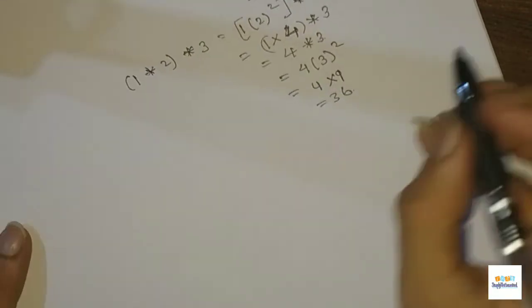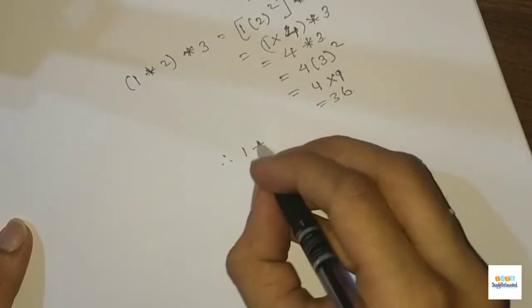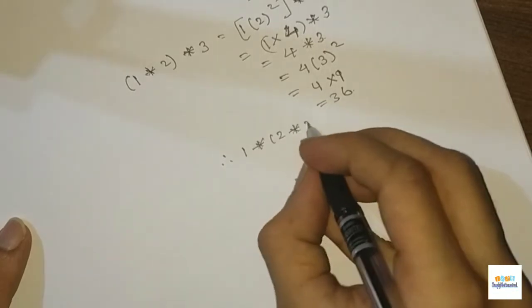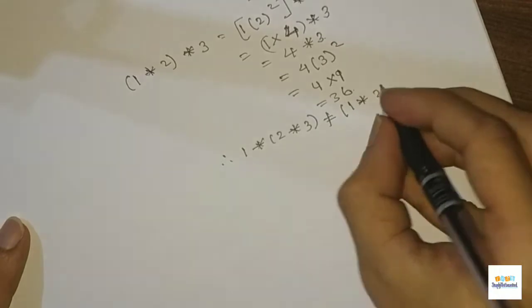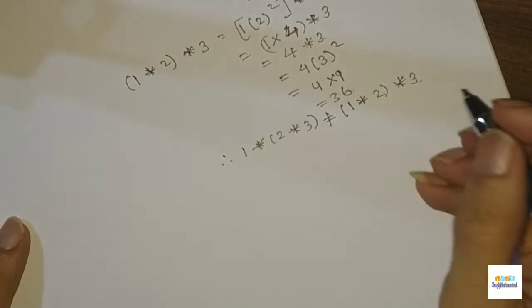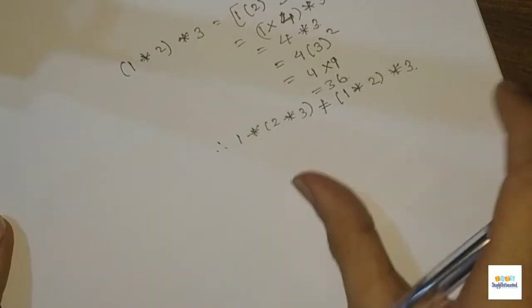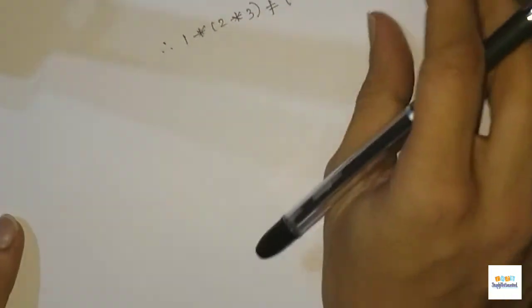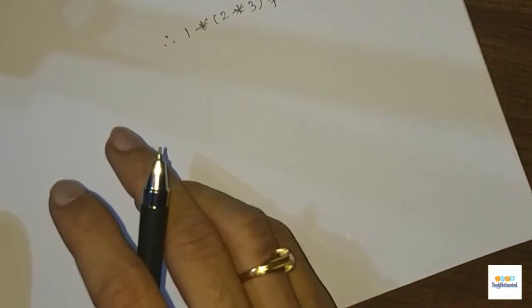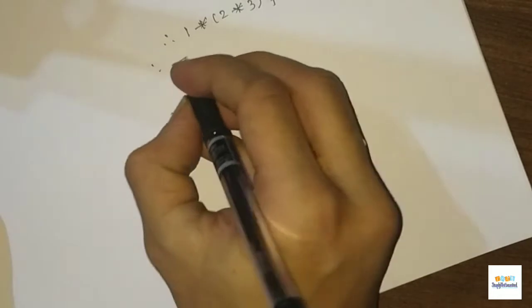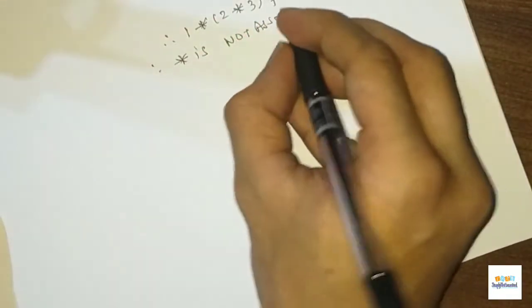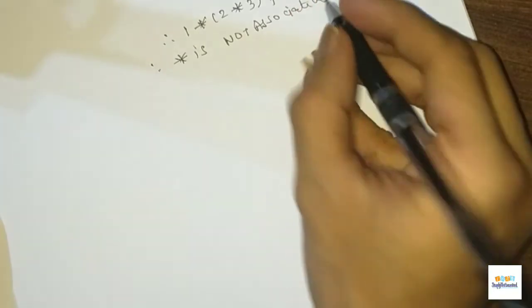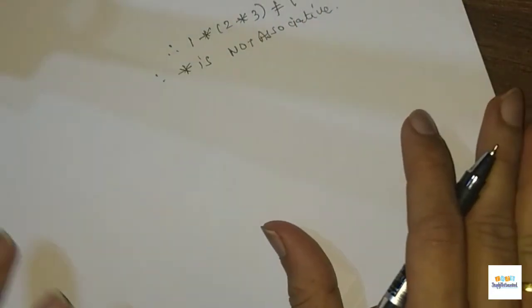So what we get is 1 star (2 star 3) is not equal to (1 star 2) star 3. So therefore star is not associative.